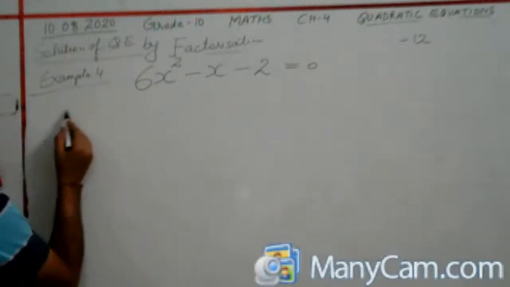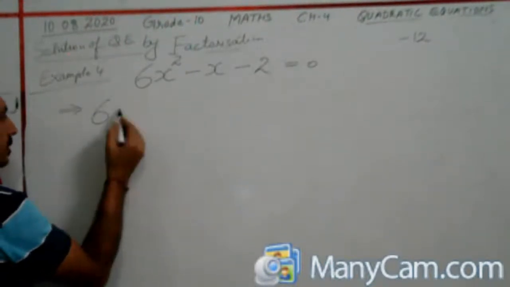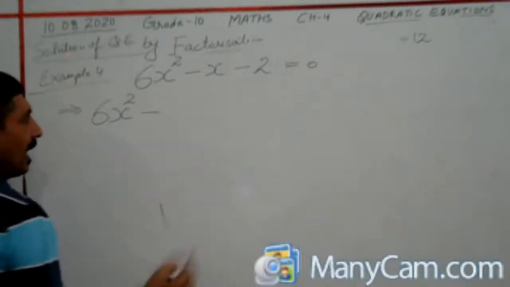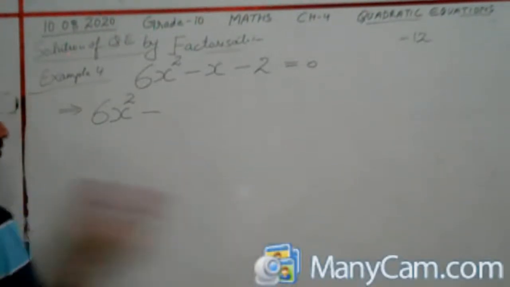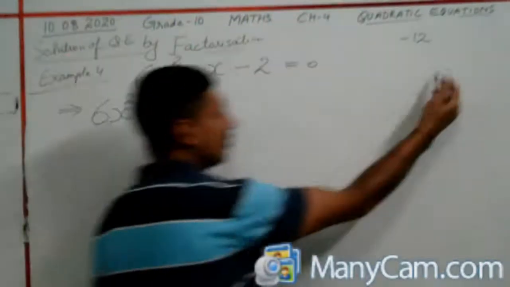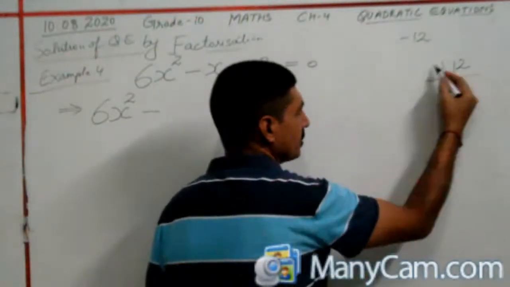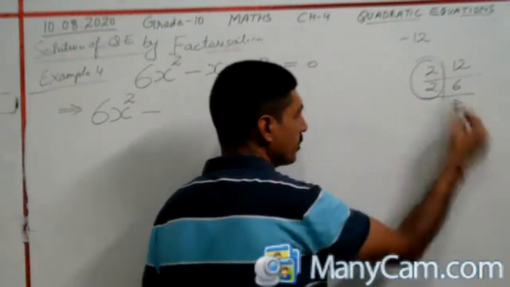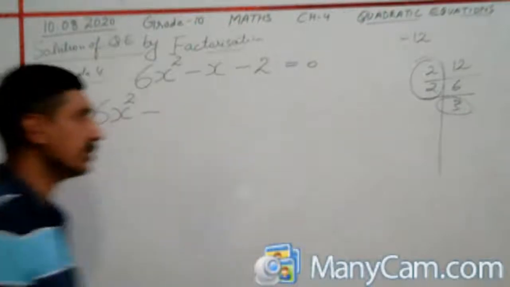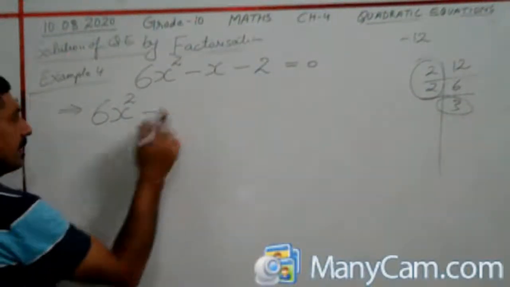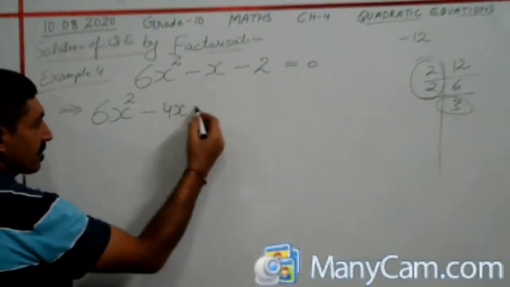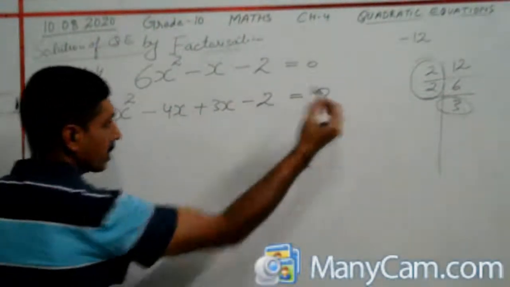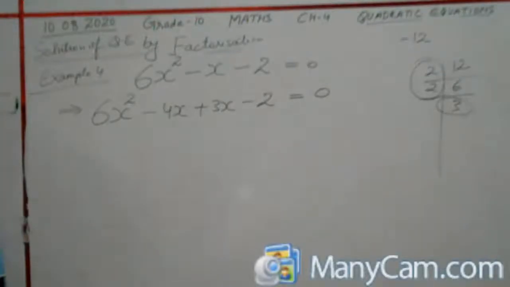So how can we write 6x square? Always we should go for the prime factorization here. The factors of 12: one is 4 and one is 3, 3 into 4 is 12. But here we need minus 4x plus 3x is equal to 0.